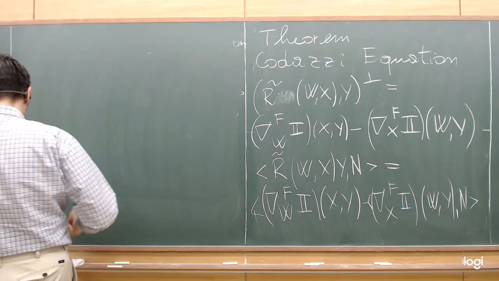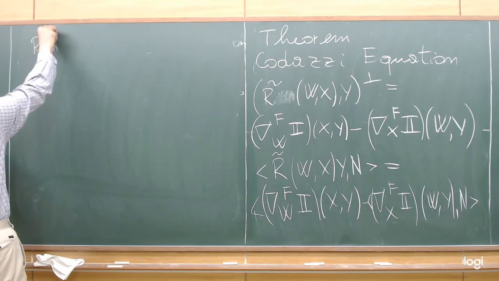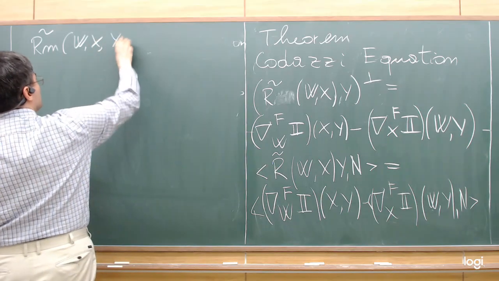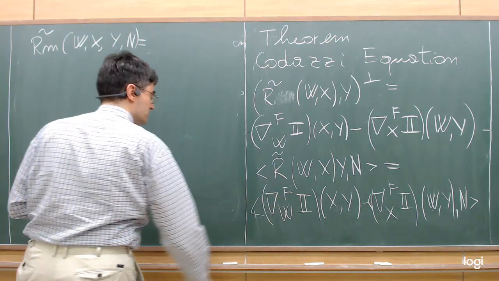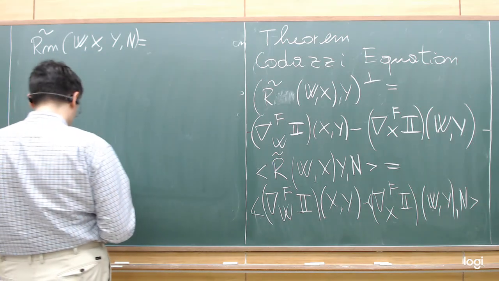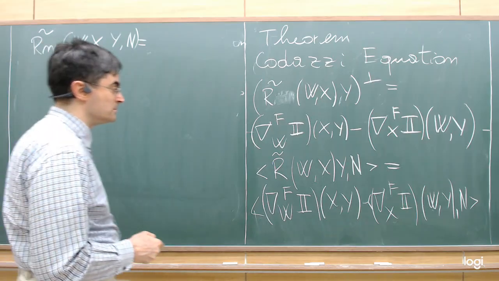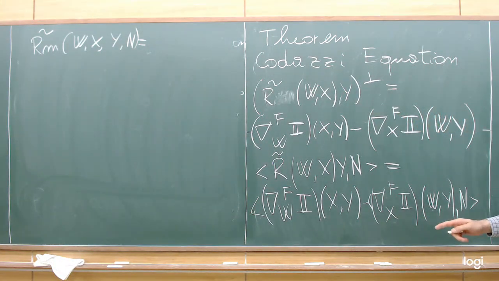So precisely you have to expand R tilde W x y n, which is this, and applying the Gauss formula, and doing this, you have to take into consideration only normal components.